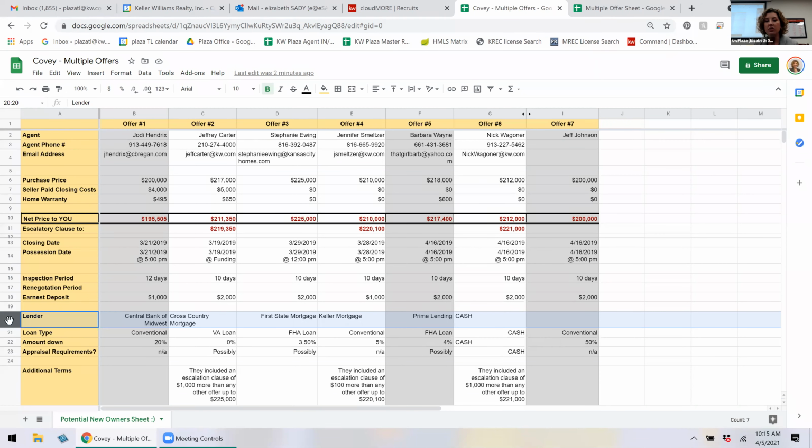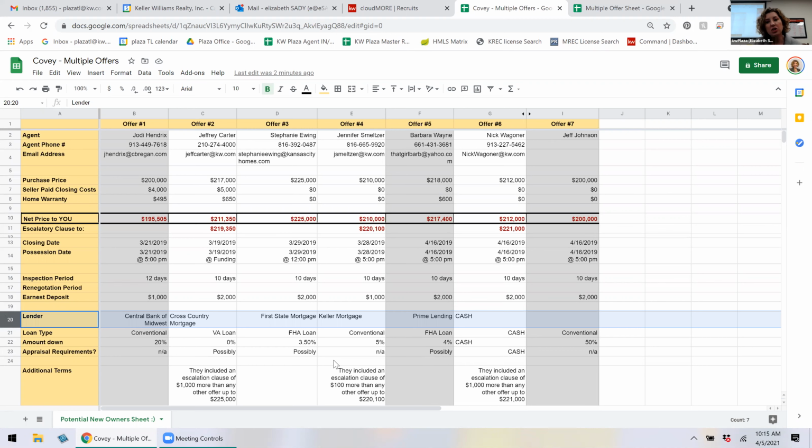So I often would include the lender. If it was a loan officer that I was familiar with, I would include that as well and say, hey, I've worked with Phil Scaglia before. I've worked with this lender before and I know that they write good pre-approval letters. They're a solid lender. They're going to get stuff closed on time. They're on top of their stuff. So a lot of that would be where I would include that.